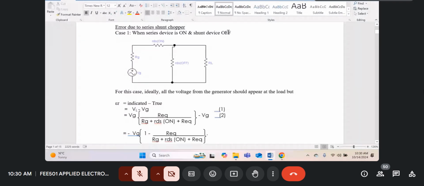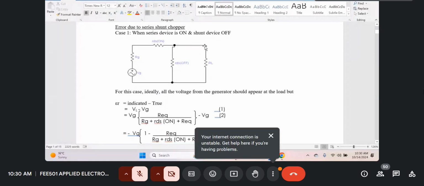This will be equivalent to the on error, because that is when the switch in series is supposed to send all the signal from the input to the output. But because the switching devices are not ideal, they generate some error. In this case, we'll refer to this case 1 as our on error.